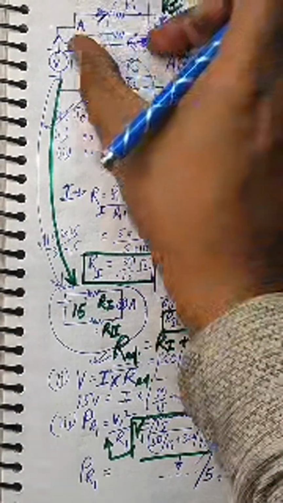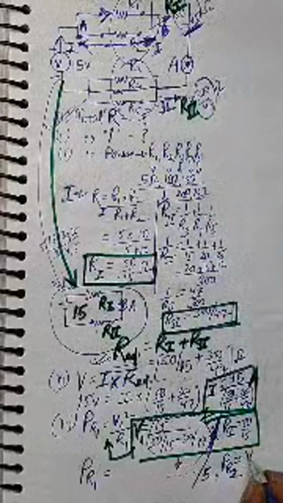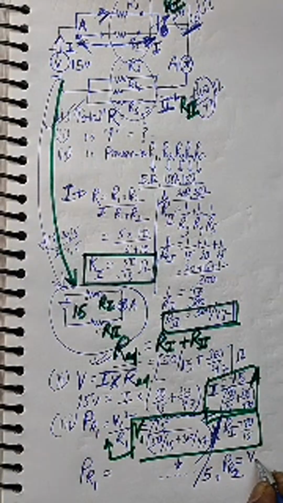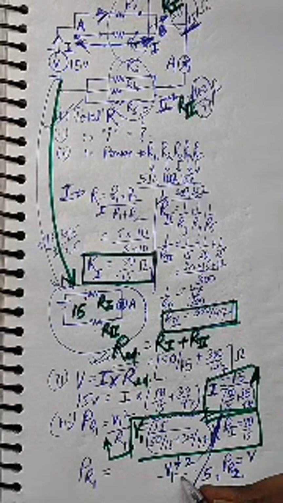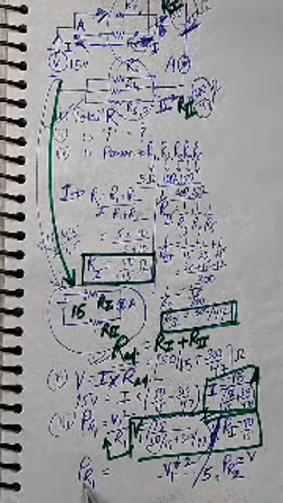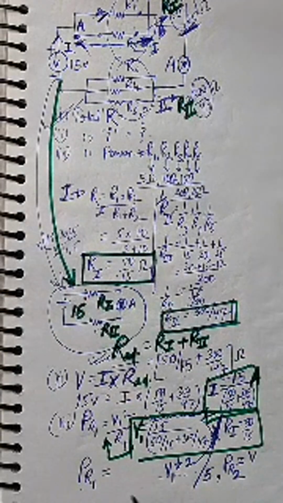Now, power across R2 will follow the same voltage, right? So this voltage V1, so power across R2 will be equal to V1 square. As happened for resistance 1, power across R1 is V1 square by 5, right?